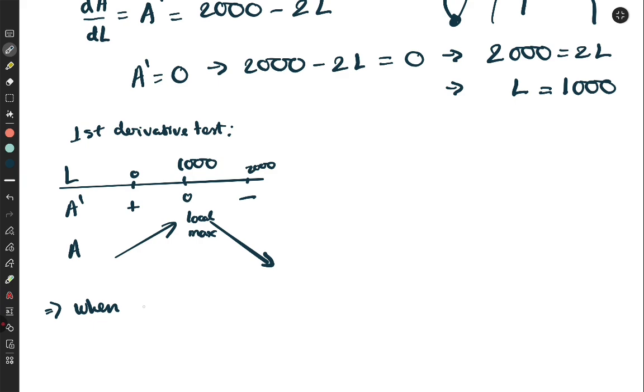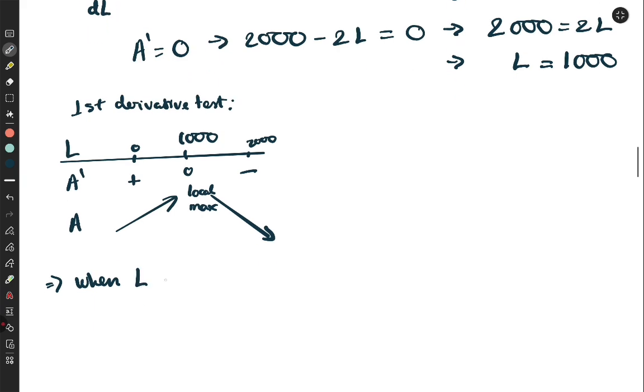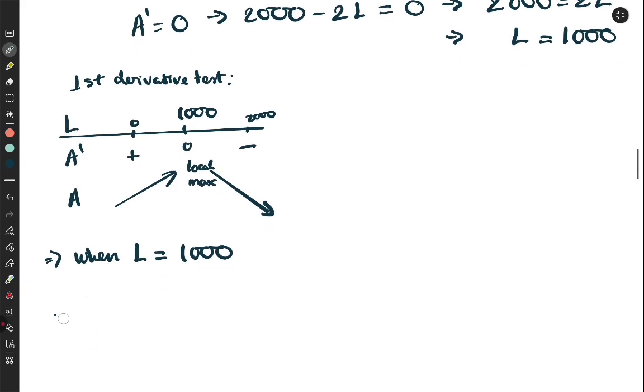So therefore, now I'm going to make the conclusion. When the length is 1,000, the maximum area is how much? 1,000,000.